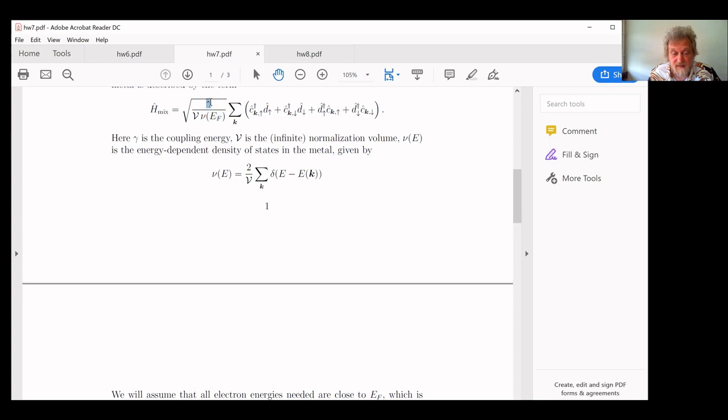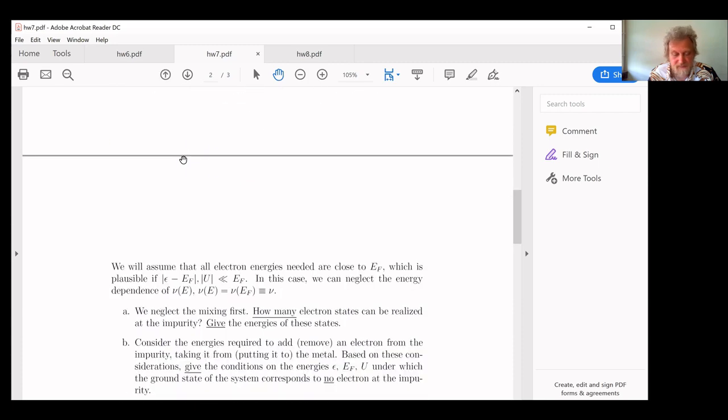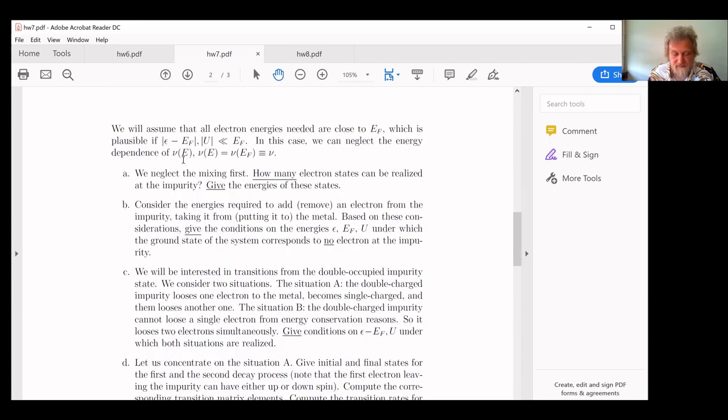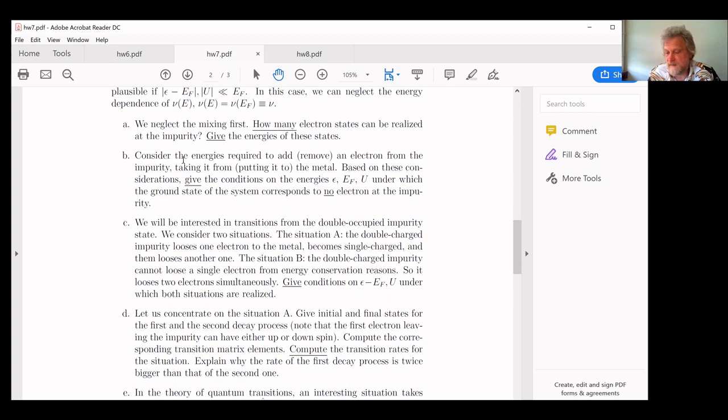So all answers would be expressed in terms of gamma. Good, as usual, first questions are simple. They don't require much calculation, but you have to figure out what the problem is about.